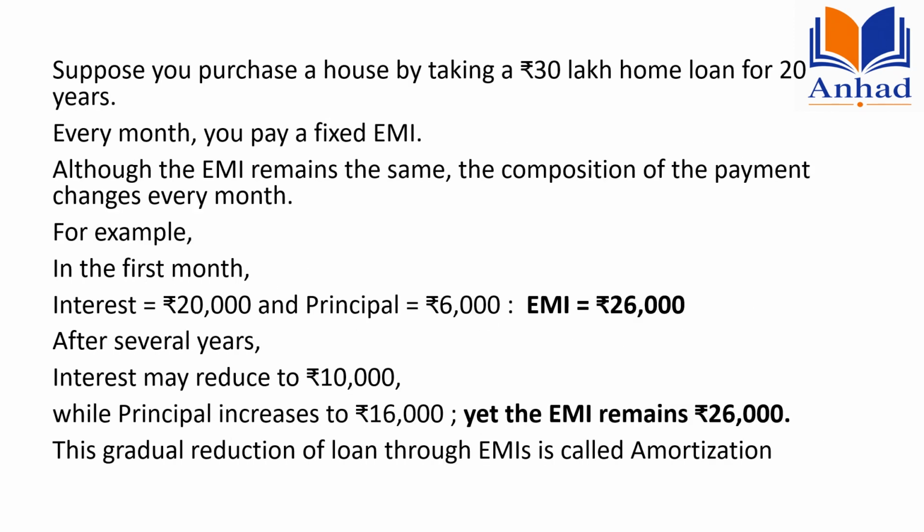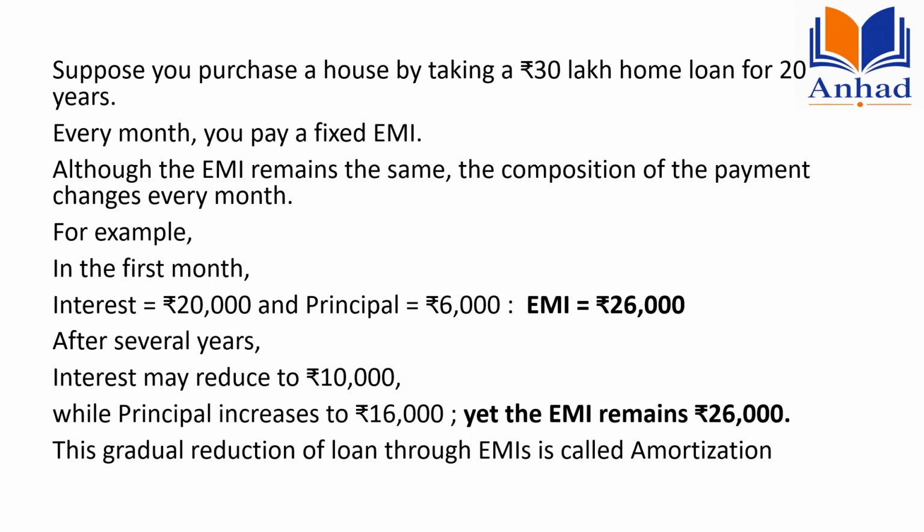Suppose you purchase a house by taking a 30 lakh rupees home loan for 20 years. Bank has calculated some interest on it. Now you have to repay the principal amount as well as interest. Every month, you pay a fixed EMI. Although the EMI remains the same, the composition of the payment changes every month.